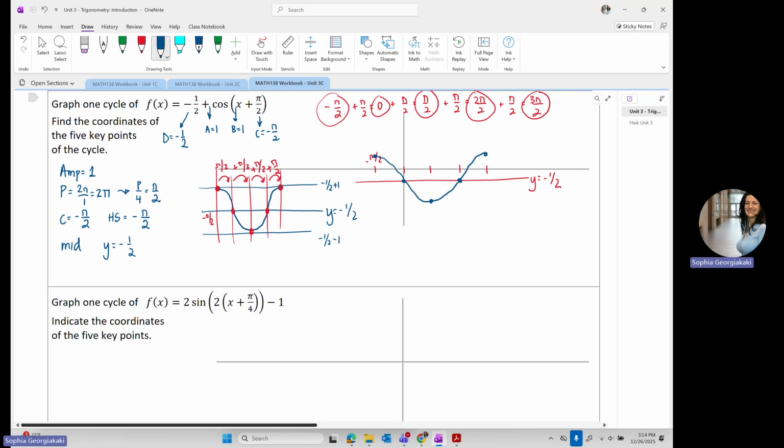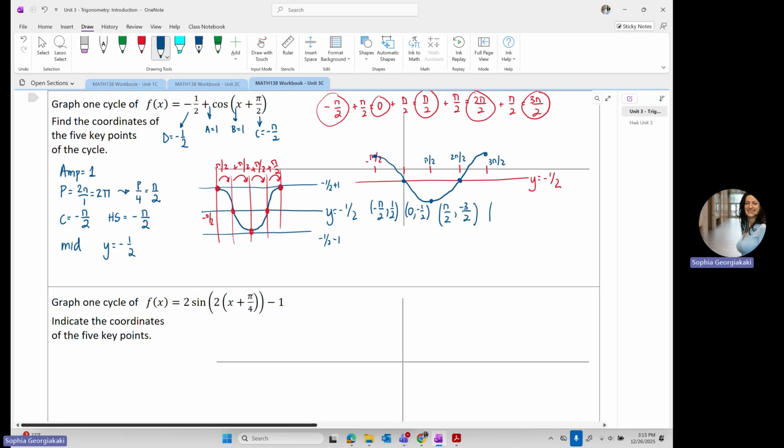What are the coordinates? At negative pi halves, my y coordinate is negative 1/2 plus 1, which is 1/2. At 0, my y coordinate is the midline. At pi halves, my y coordinate is the minimum, negative 1/2 minus 1.